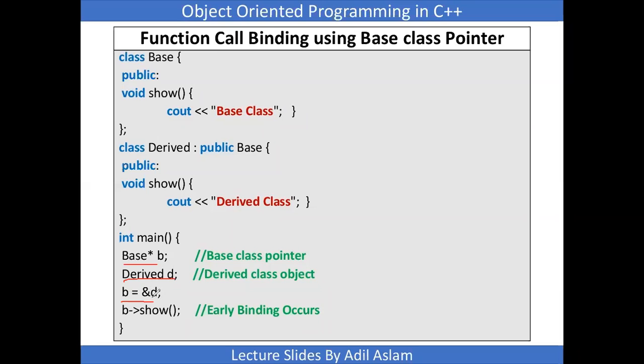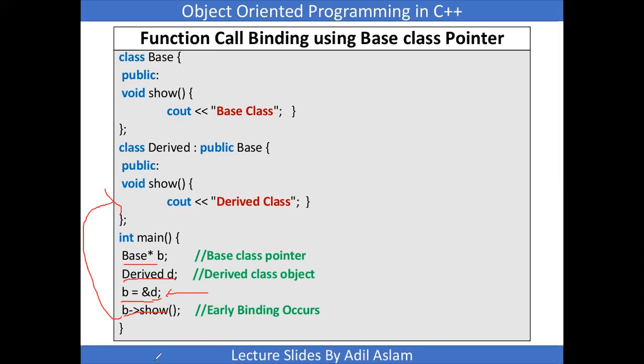So basically what I'm saying in this line is that b, from now on, I know you hold the address of the base class, but from now on you will hold the address of the derived class. So when we write b.show, it's supposed to call the derived class, because it is storing the address of the derived class.